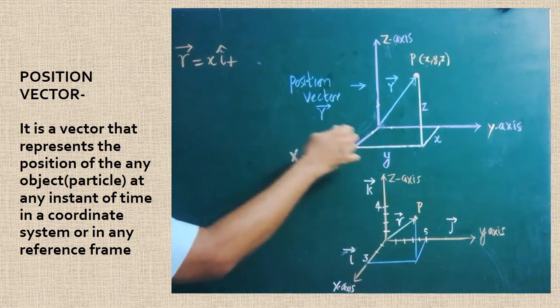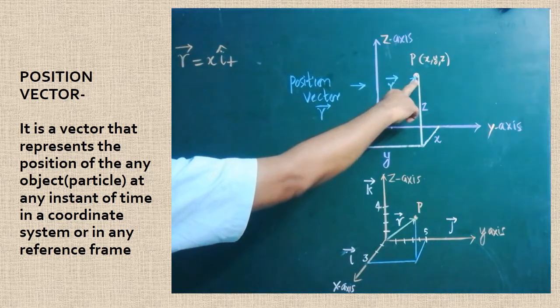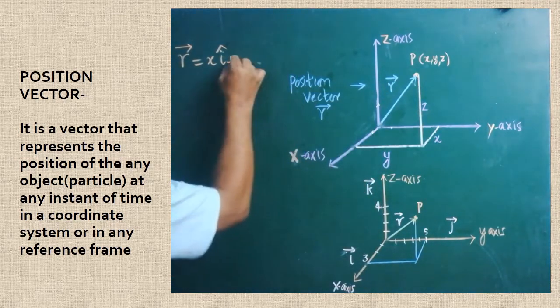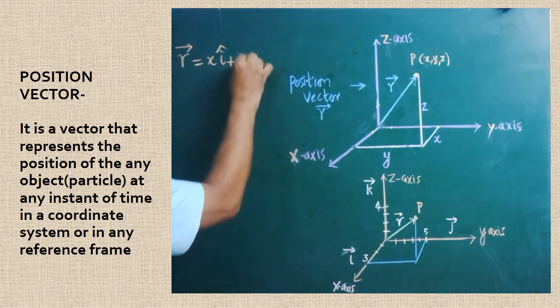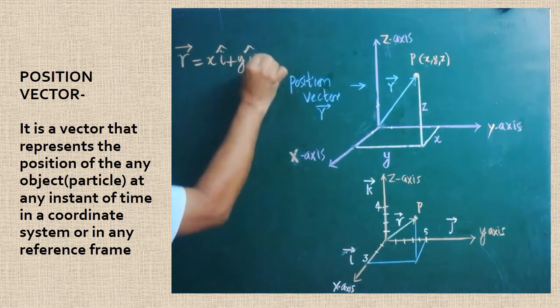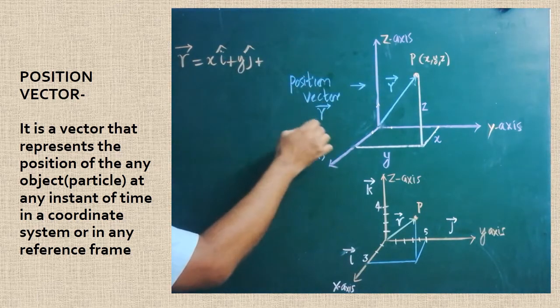Plus, at what distance that point P is located with respect to the y-axis, y distance, y units. Therefore, it should be written as y j cap. That j cap is the orthogonal unit vector for y-axis. This one also shows the direction along y-axis. And then, let's come to the last one, z-axis.